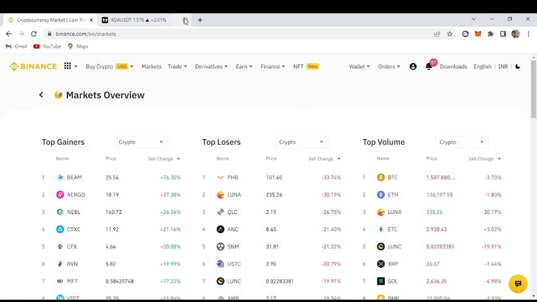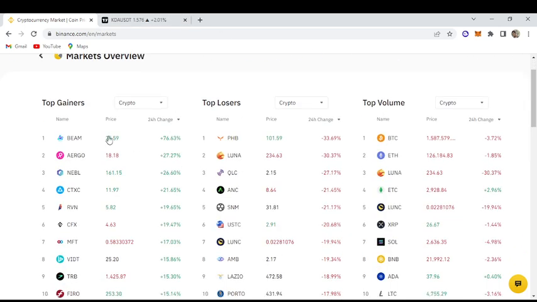Okay, let's click on that. At first we have Beam. It was very hard to believe that some coins do a huge pump and don't care about what BTC is doing or what the market is doing.